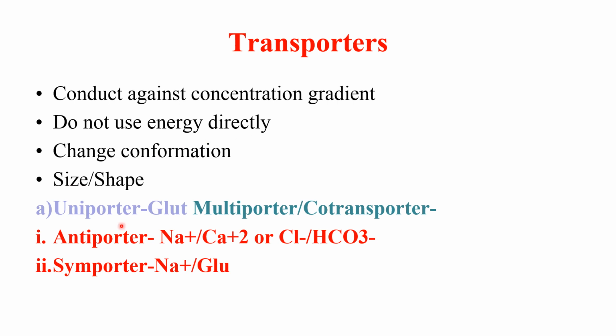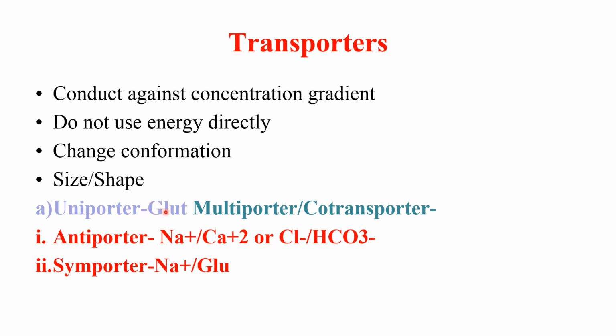The transporters, they could be uniporter, or they could be multiporter or co-transporter. Uniporter means if they are conducting only one substance in any direction into the cell or outside of the cell, they are called as uniporter, conducting one substance. Like GLUT, glucose transporters.